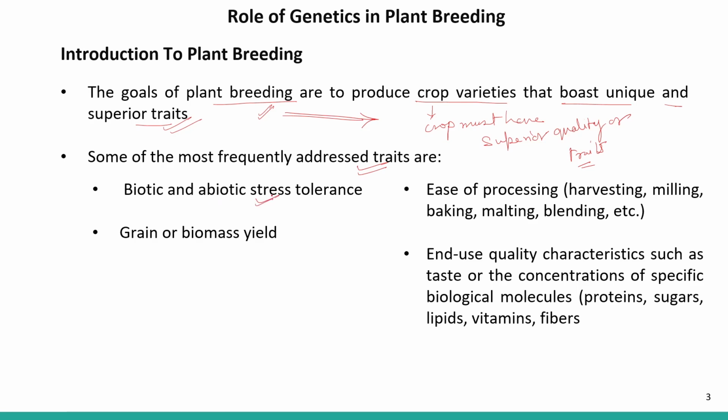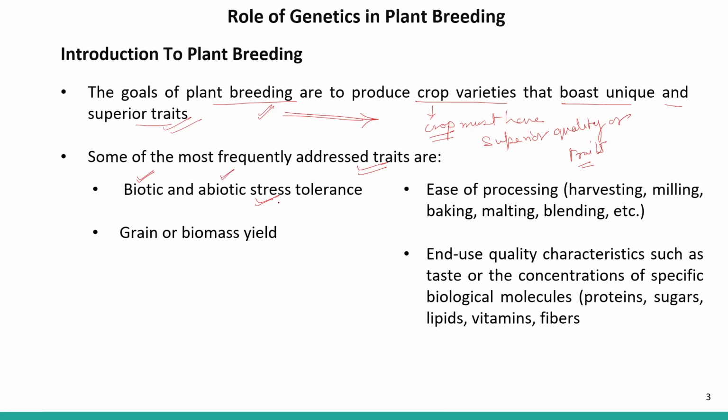There are so many stresses to the plant, right? So the plant must be able to bear that stress. That stress can be biotic, from different organisms. There are so many pathogens that create stress to the plant, to the crop. And every year we have a great loss of crops due to biotic stress as well as abiotic stress, right?